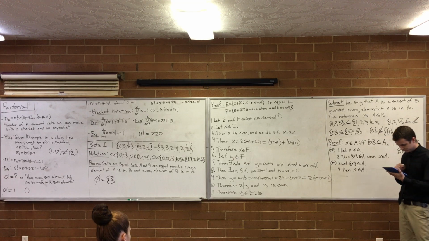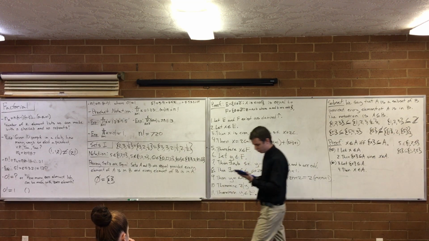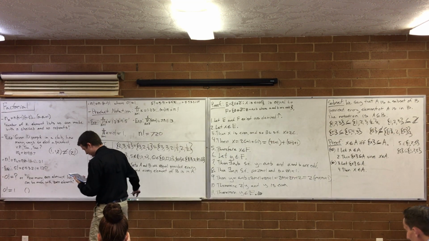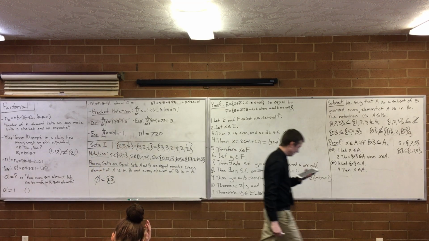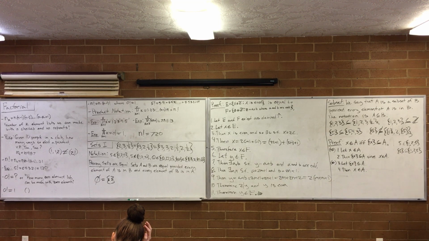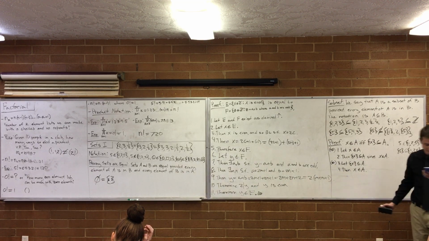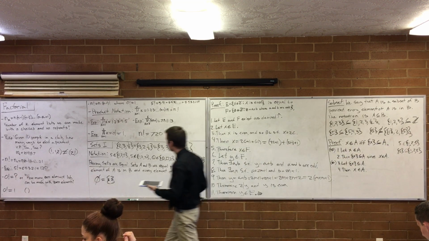Proposition 10.5. Let P be the set of Pythagorean triples. Let T be the set equal to that, and T is a subset of P. Okay.